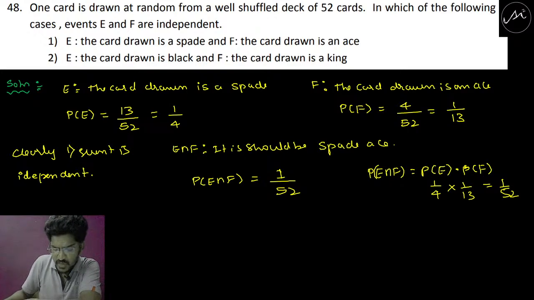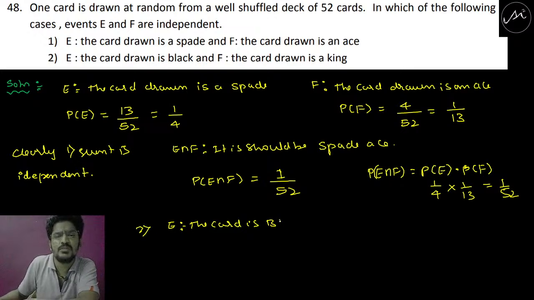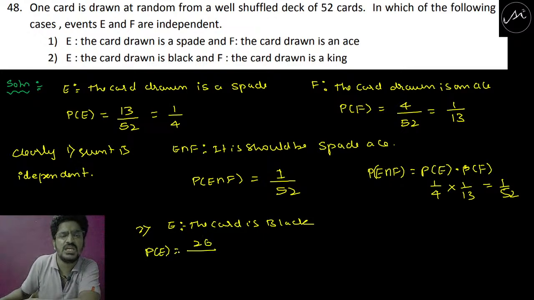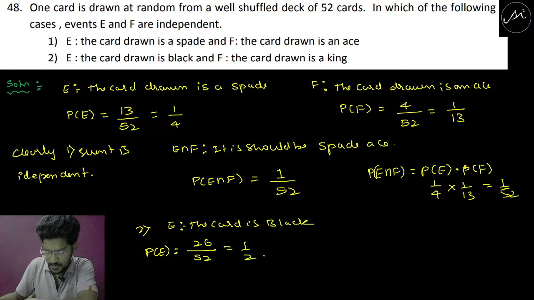In the second one, event E is the card is black. There are 26 black cards. So the probability of E is 26 by 52, that is 1 by 2.